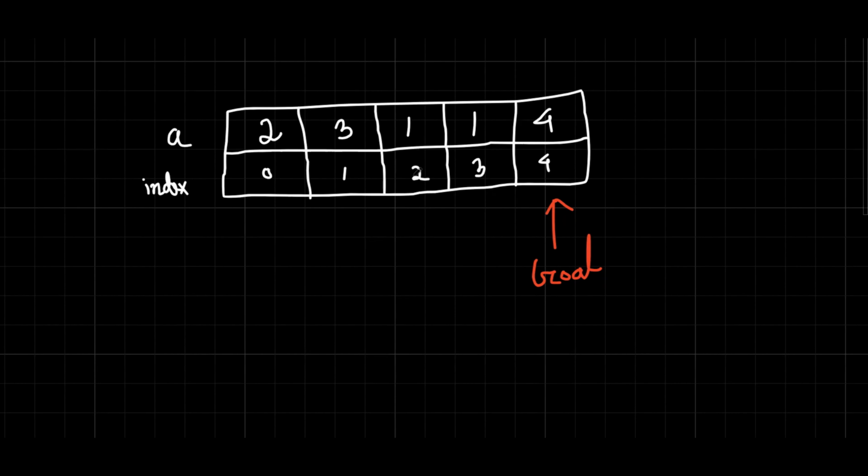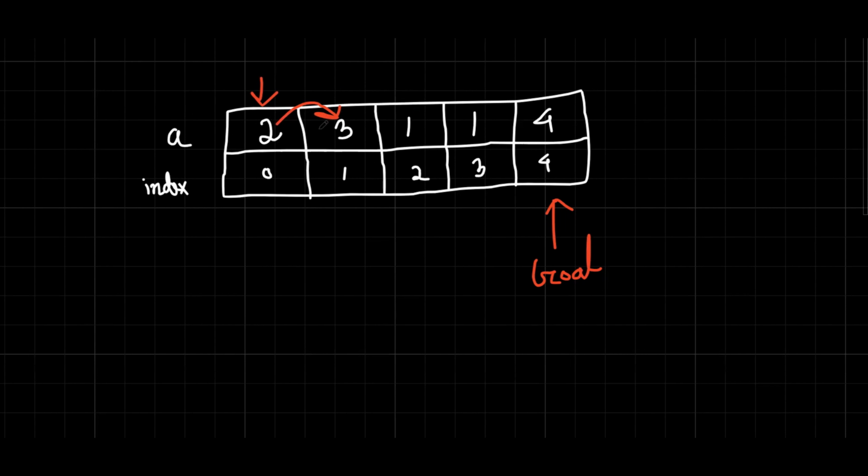For the simplicity of the algorithm, we have taken the first example. Here, the first example consists of 5 elements, which are 2, 3, 1, 1, and 4. And currently, we are present here. So from this cell, we can jump at most 2 steps. So here, either I can jump to this cell 3, or I can jump to this cell 1.